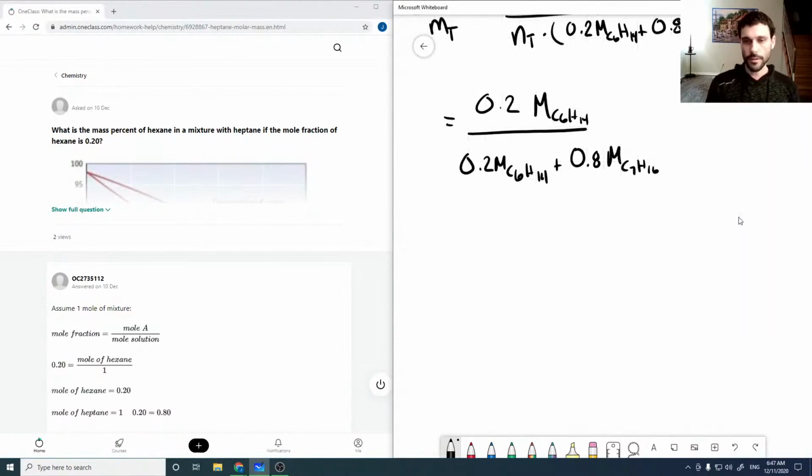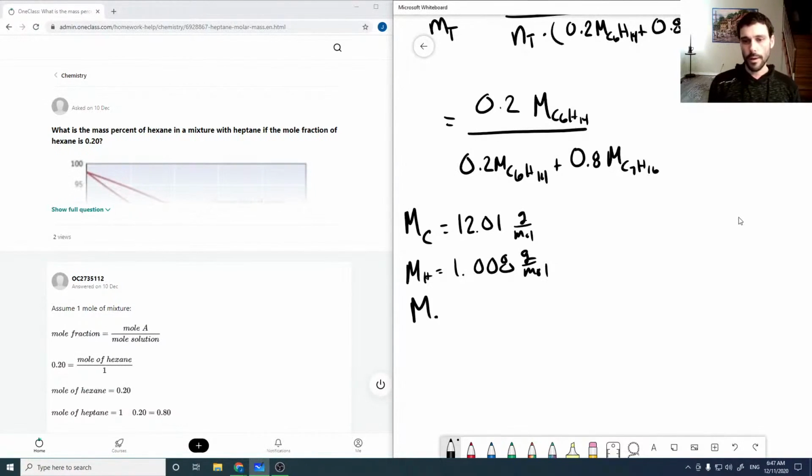First, our molar mass for carbon is 12.01 grams per mole, and our molar mass for hydrogen is 1.008 grams per mole, which is what I'm going to use.